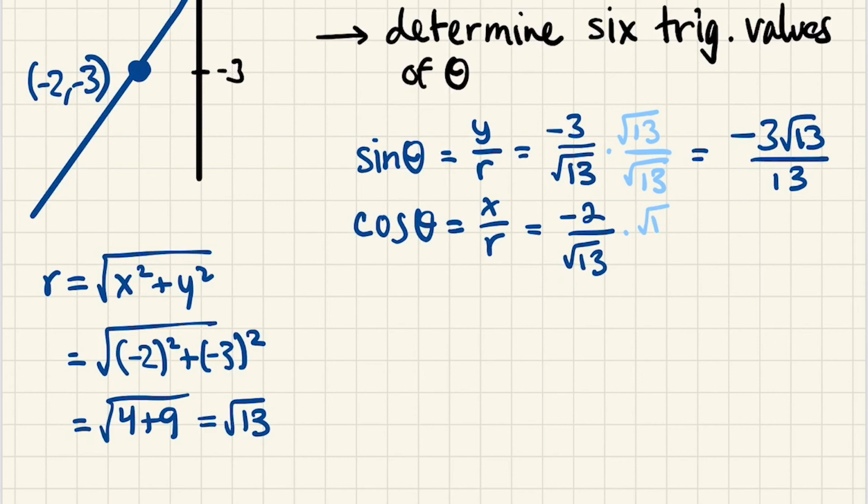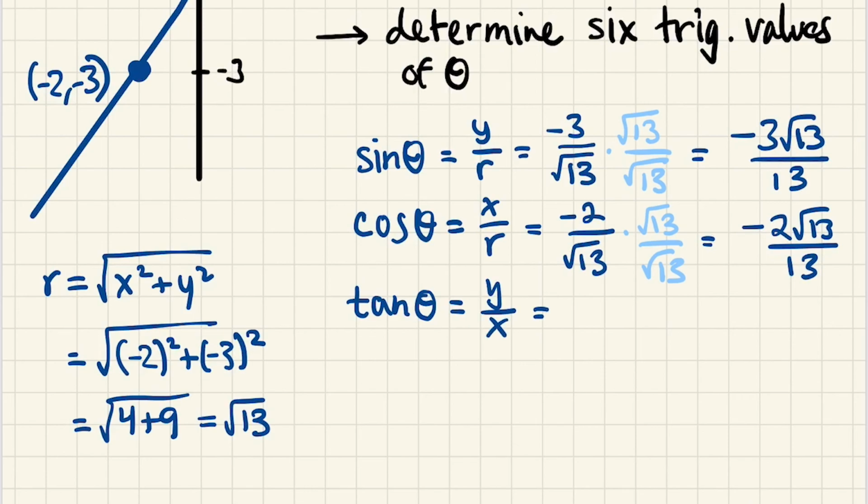And again, rationalizing will give us negative 2 rad 13 over 13. All right. Tangent of theta is y over x, which is negative 3 over negative 2, and the negatives cancel, giving us positive 3/2.